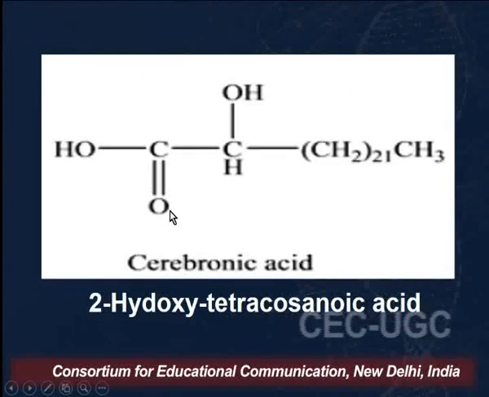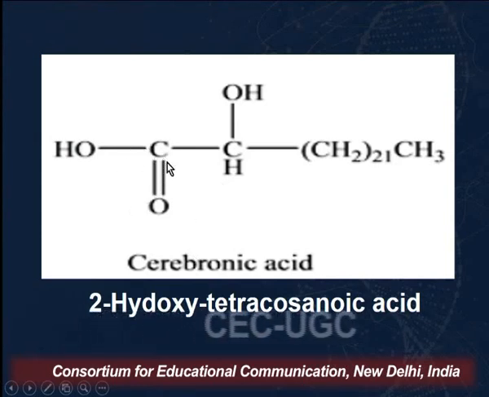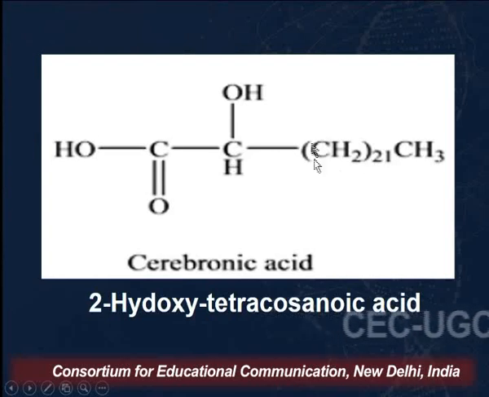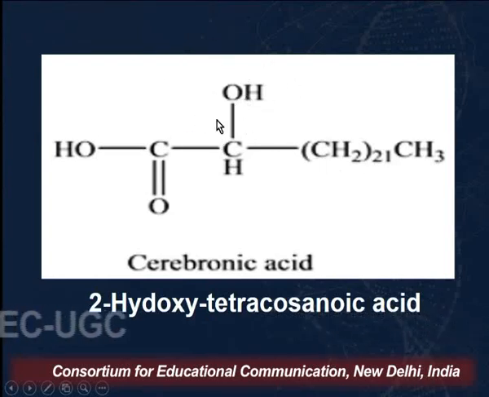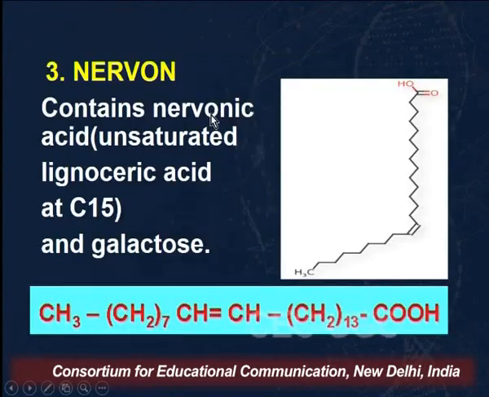If you look into the structure of cerebronic acid, where we start numbering from here, 1, 2 and so on, we have a hydroxyl group at the second position of the lignoceric acid. So this is also known as alpha hydroxy lignoceric acid.